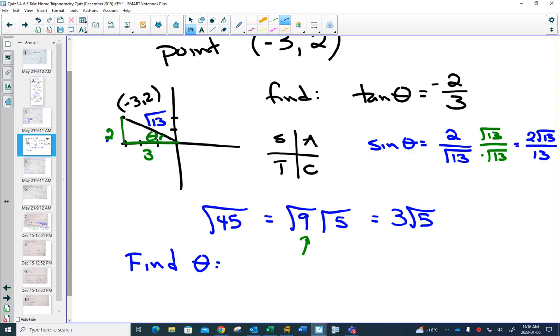In this case, I would probably solve my reference angle by using tan of my reference angle, opposite over adjacent. Again, we use our reference angle, and when we use our reference angle, even though tan is negative in quadrant 2, we use the positive value. So now I've got tan inverse of 2 divided by 3. That gives me 33.7 degrees.